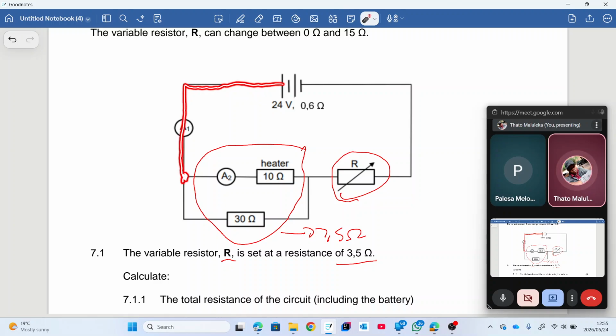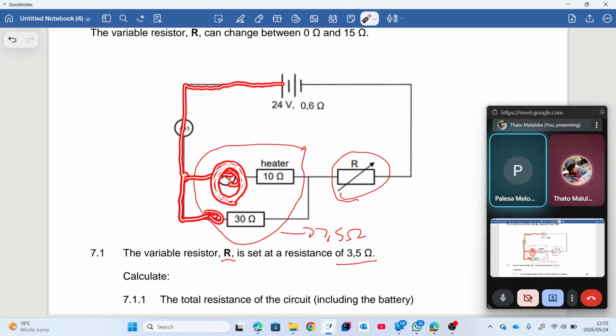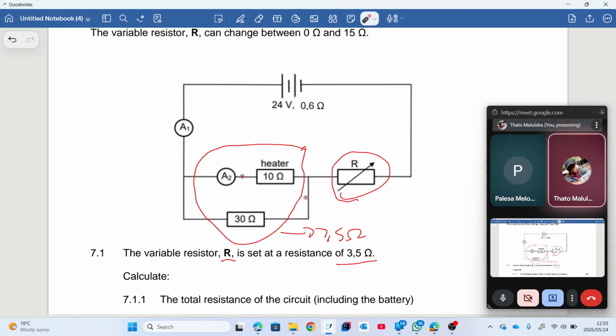When it reaches this point, the current splits. So we are interested in only this current, right? It is important for you to understand that it splits, okay?